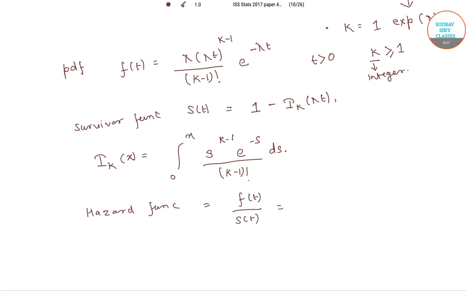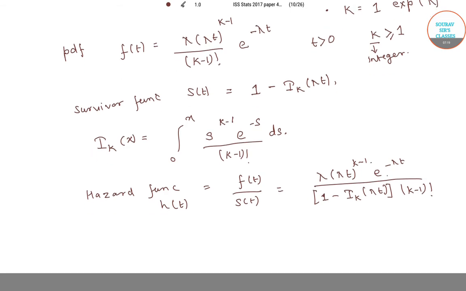This is equal to lambda into (lambda t) raised to the power k minus 1 into e raised to the power minus lambda t, divided by (k minus 1) factorial into 1 minus I_k of lambda t. So this is our hazard function h of t.